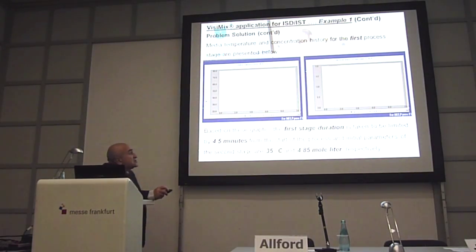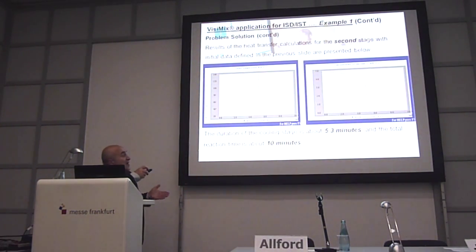concentration history of the first stage. And this graph shows that at 7.3 minutes we have runaway, so we can select, with a half-minute margin, a duration for the first stage, and use the corresponding values of temperature and concentration as initial values for the simulation of the second stage.